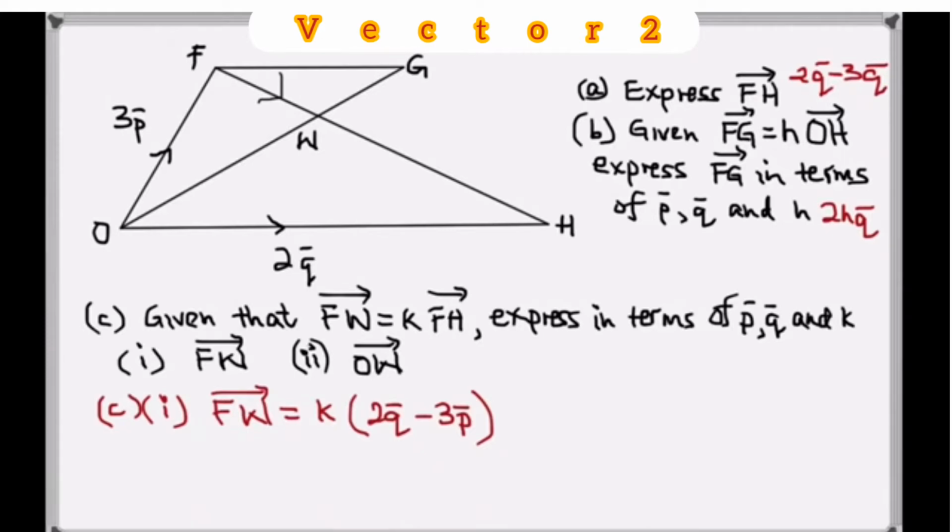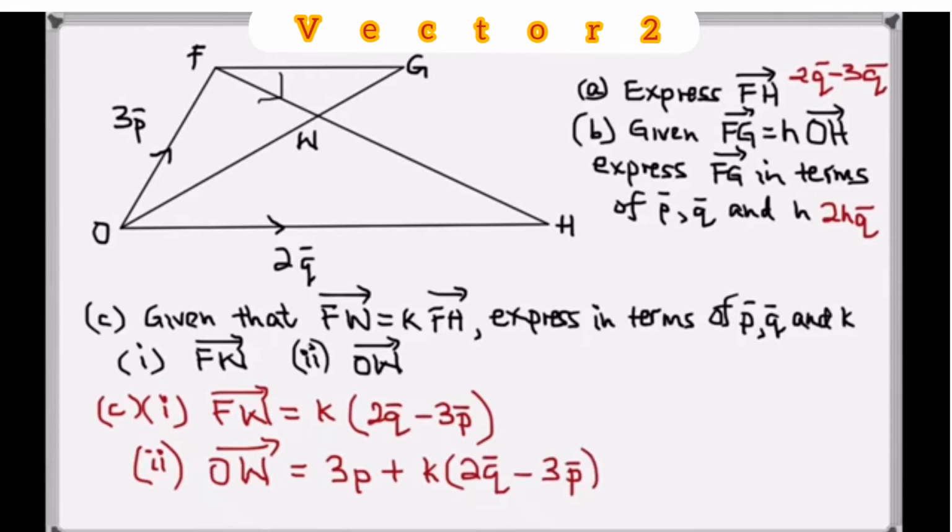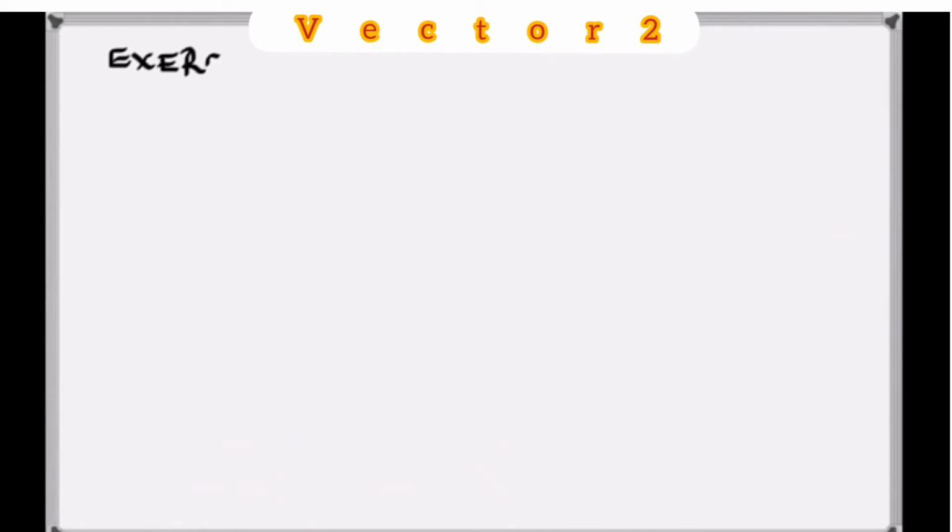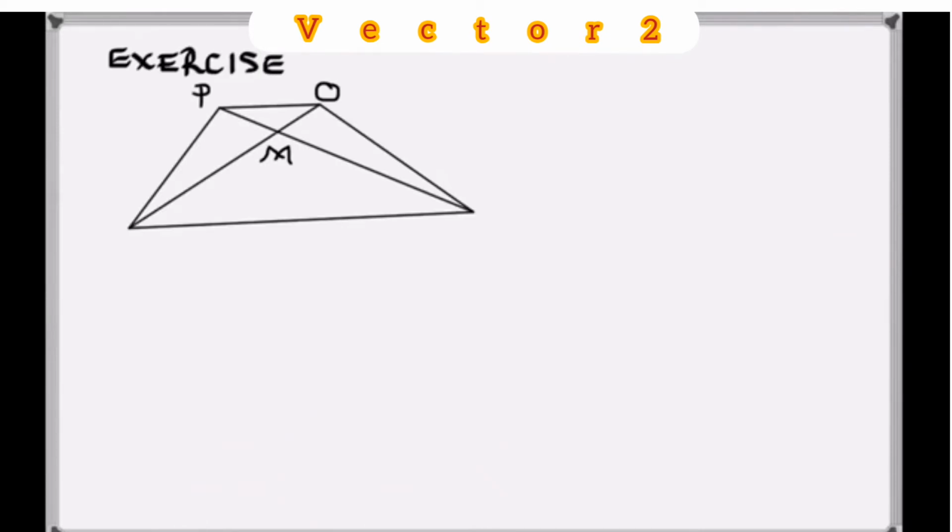So let's add: 3 vector P plus k, bracket 2Q minus 3P. So we can leave it like this, or we can expand and group like terms. So this is how we express vectors and constants. And then exercise.